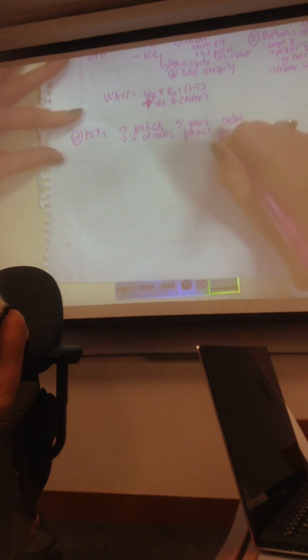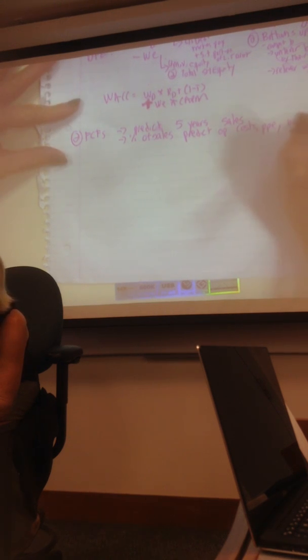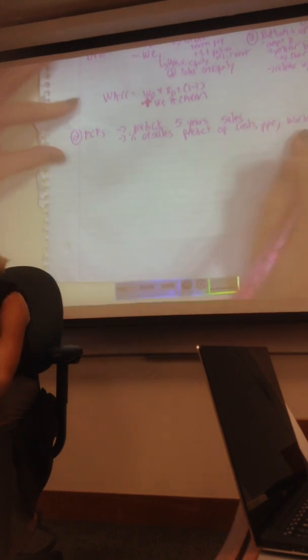You predict out your operating cost, property, plant, equipment, and your working capital. So you use this methodology.